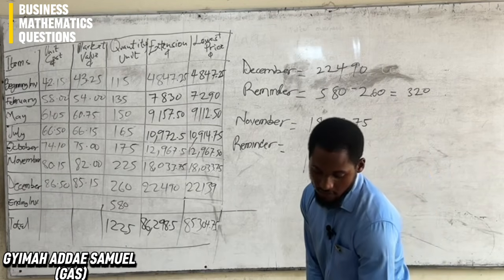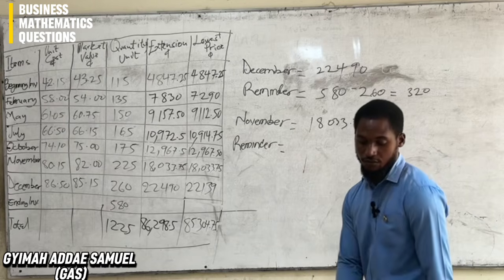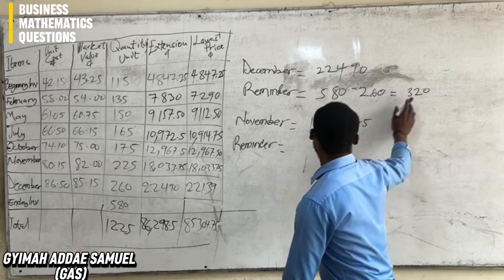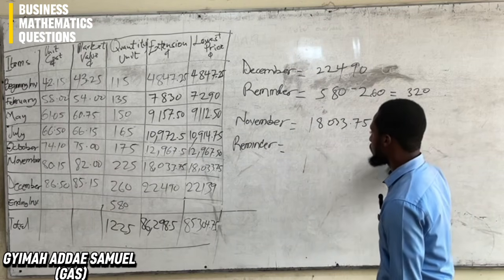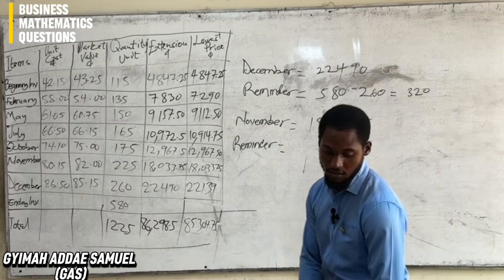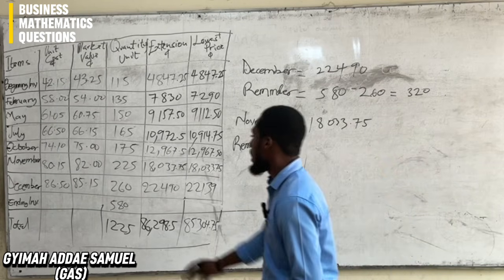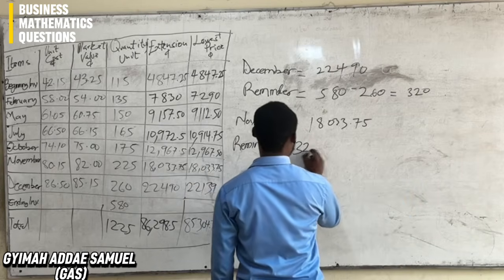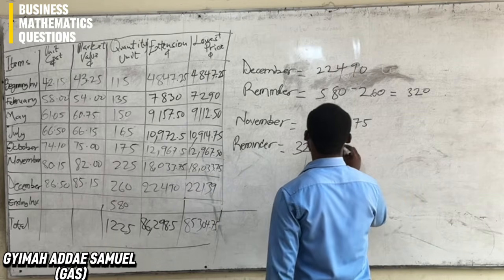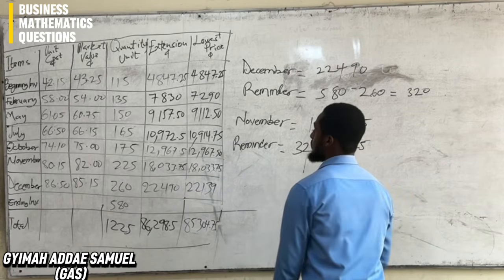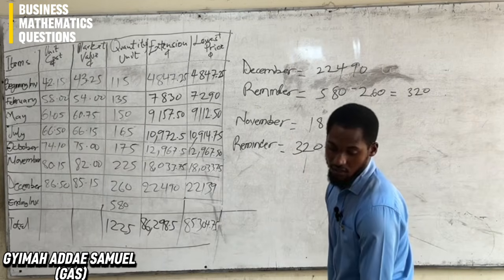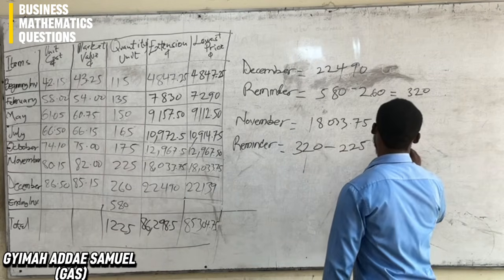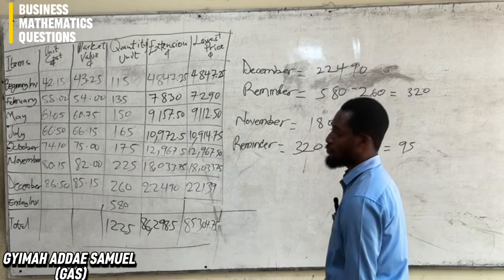We had 320 for December, so we bring that 320 here and subtract our 225 from it, and we get 95 as our remainder for November.